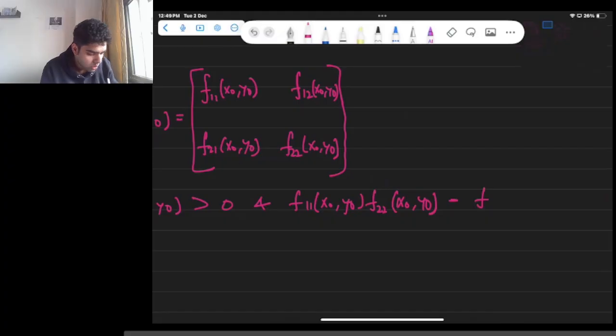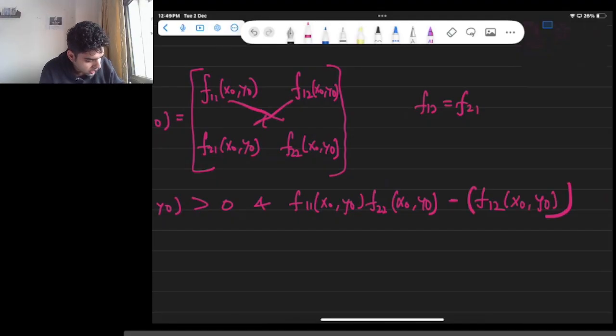So f12 is equal to f21. So I can write this as f12(x naught, y naught) whole square, because these two are also multiplied, right? Just finding the determinant, whole square, right?